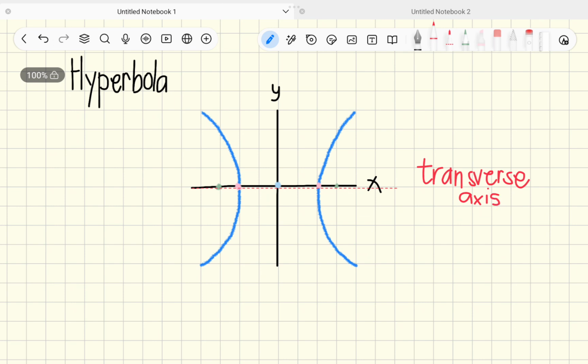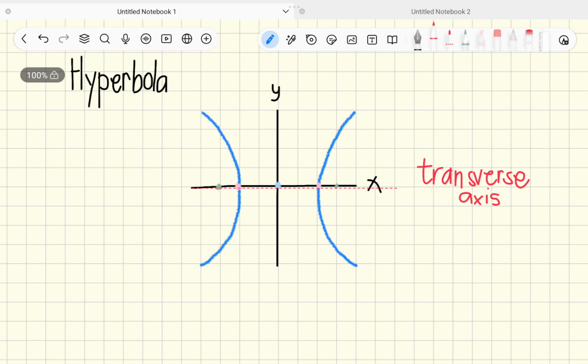How about your conjugate axis? Your conjugate axis is a line segment that still passes through the center. However, it passes through the center but is perpendicular to your transverse axis.